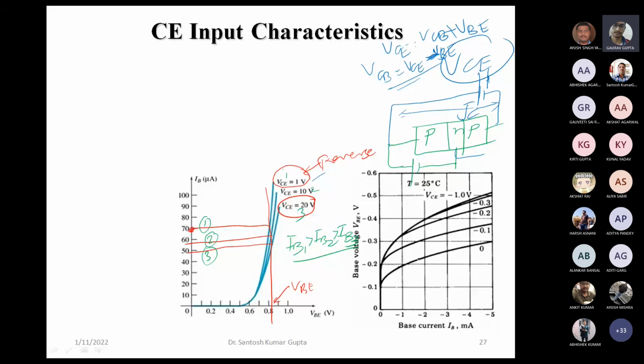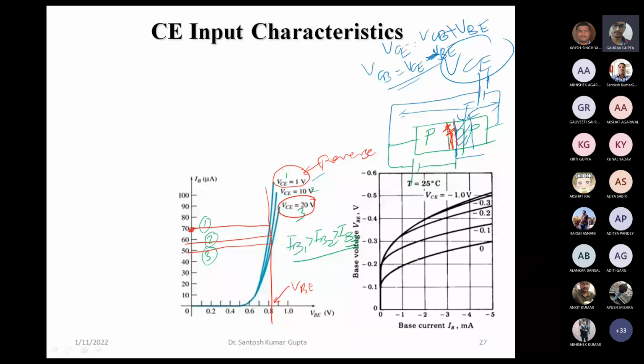Higher reverse biasing voltage means more depletion region across the collector junction, and we will see less recombination. This will be the effective base width now. So less recombination and hence less base current.